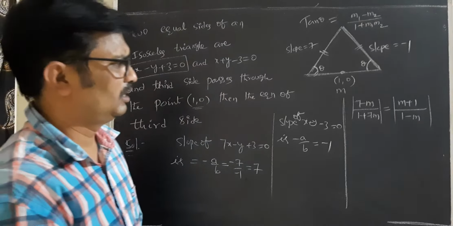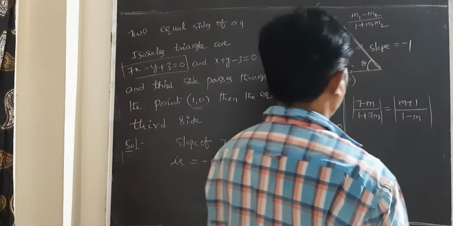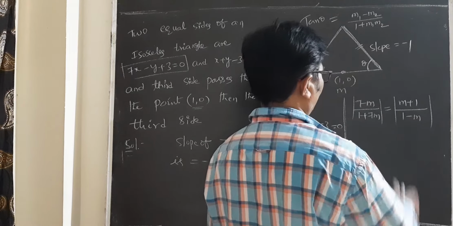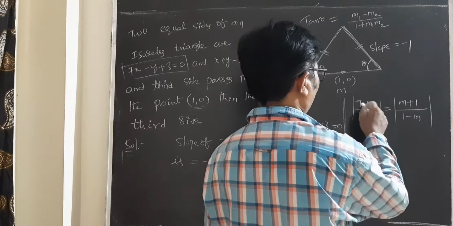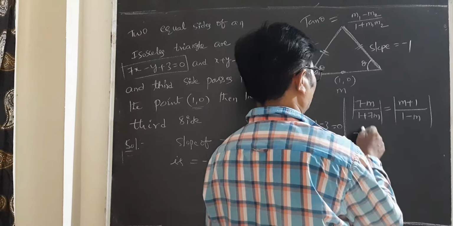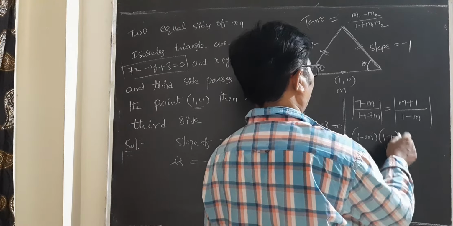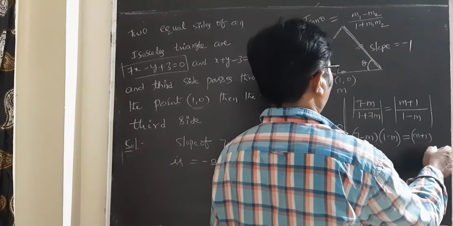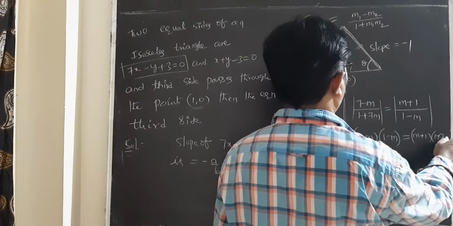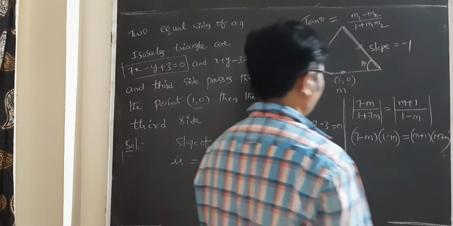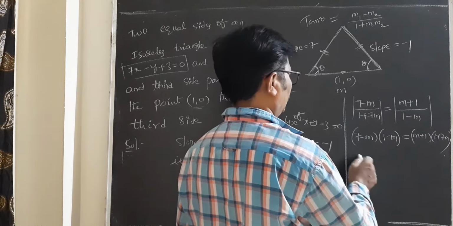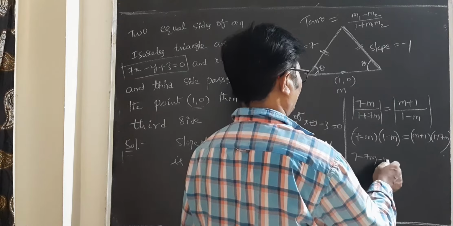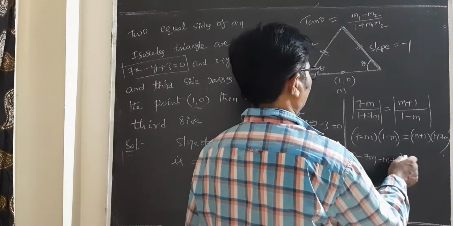Now students, by cross multiplication, 7 minus m by 1 plus 7m equals the other side, 1 minus m by 1 plus m. First multiply with 7: 7 minus 7m, after that minus m plus m square.